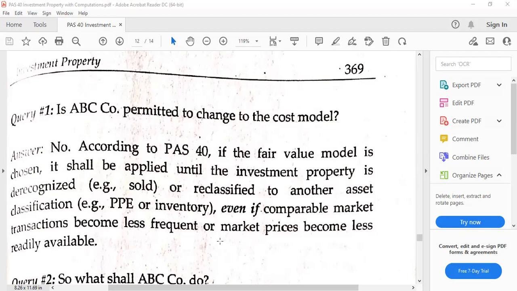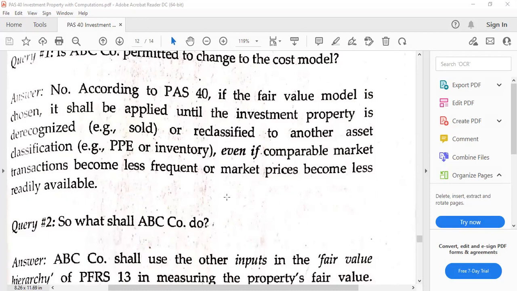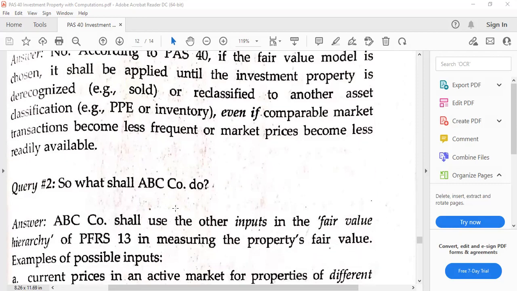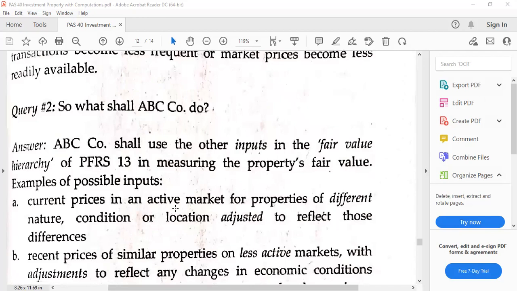Exceptions would be, for example, if we derecognize or sell the property or reclassify it to another classification, like from investment property to PPE or inventory. And this is going to apply even if comparable market transactions become less frequent or market prices become less readily available. And query number 2, so what shall ABC company do then?